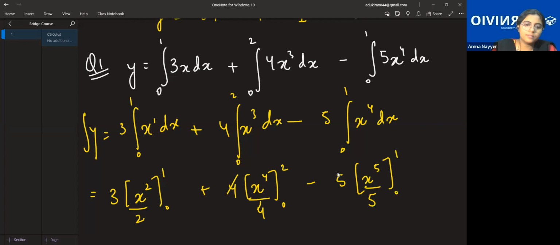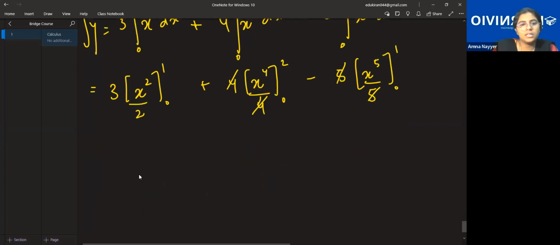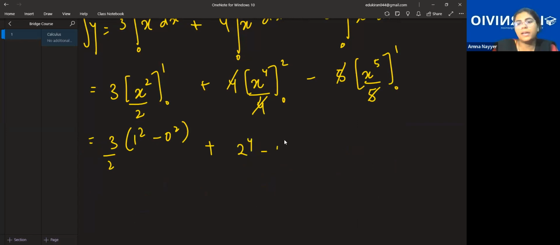The 4 and 4 got cancelled here, 5 and 5 got cancelled here. See, 3 by 2, 1 square minus 0 square. We are substituting the upper limit and lower limit, plus 2 to the power 4 minus 0 to the power 4, minus 1 to the power 5 minus 0 to the power 5.